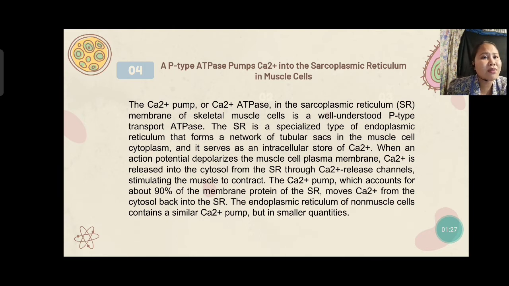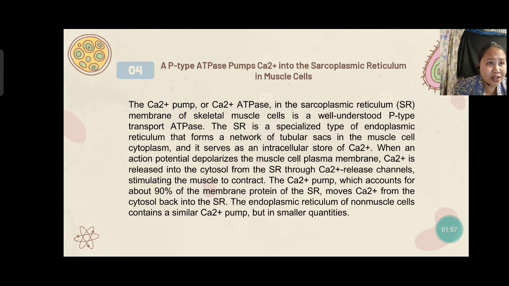The endoplasmic reticulum of non-muscle cells contains a similar calcium ion pump but in smaller quantities. So, where can we find this sarcoplasmic reticulum? Of course, sa buol sa yaha which needs the calcium, which is the bone. So, this sarcoplasmic reticulum is from the skeletal muscle cells.